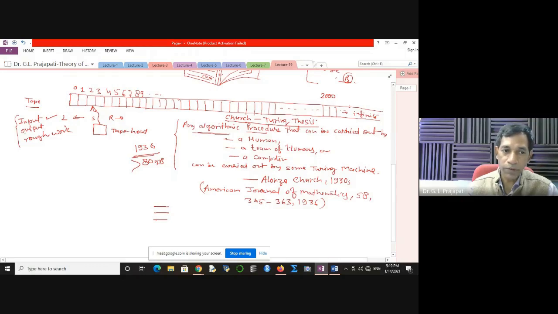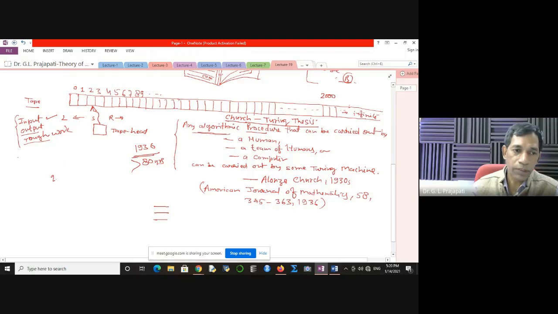Once computation is over, whatever is left after the computation is stored on the tape, and hence the tape acts as the output device also. And during intermediate computation, you can use the tape for doing rough work. So you have three purposes for using the tape here.